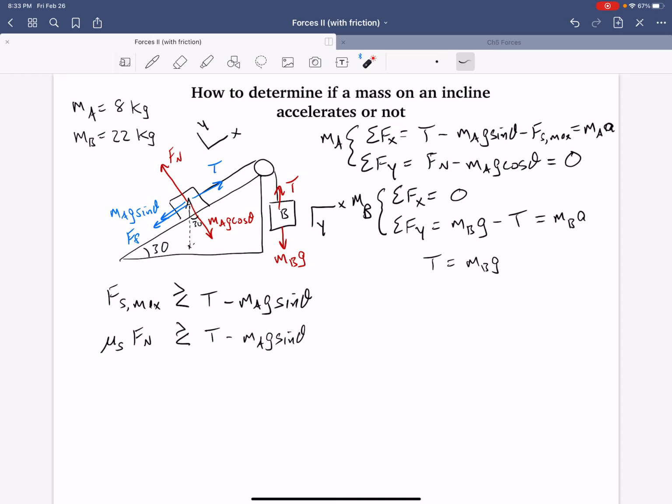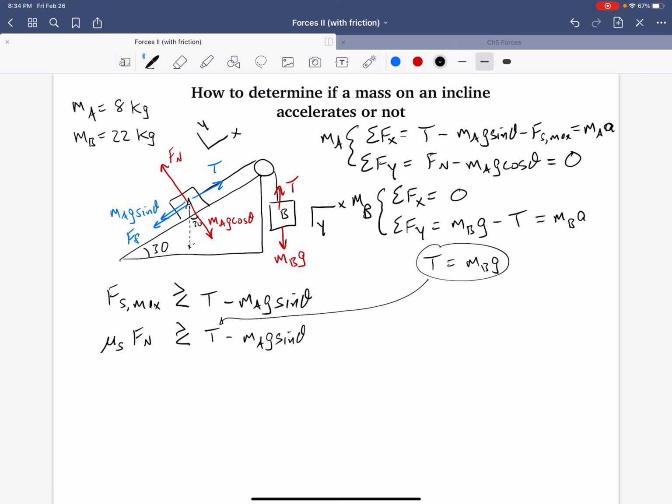So in that first initial couple micro instants, we need to see if the static frictional force is enough to hold that in place. So really at the first instant, it doesn't accelerate. You can treat that as not accelerating, and that's why we can assume that 0 and that 0 when we're determining whether or not it accelerates. Okay, so knowing this for tension, we can plug that in right there.